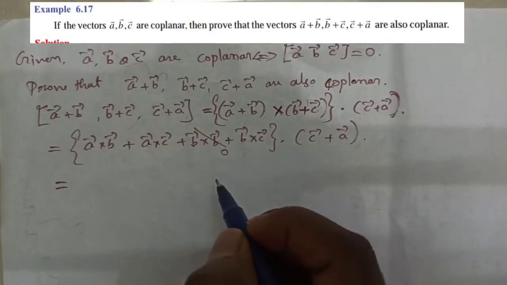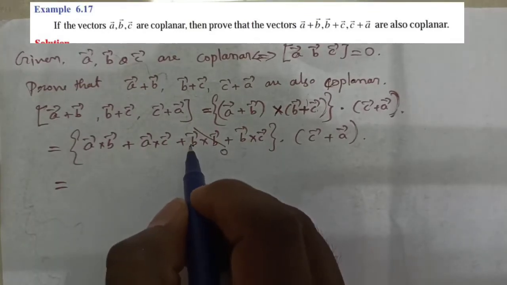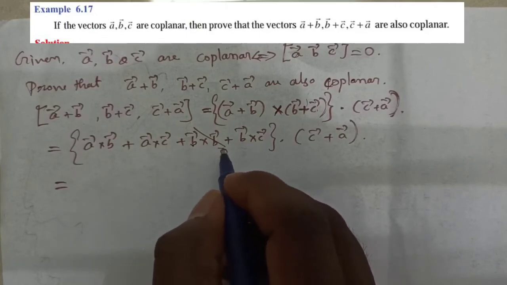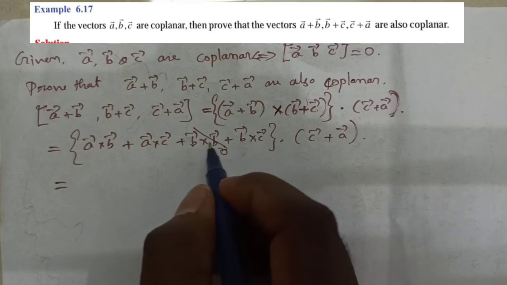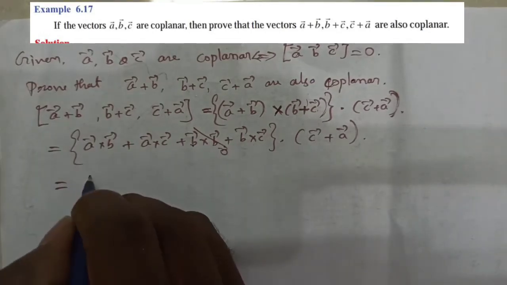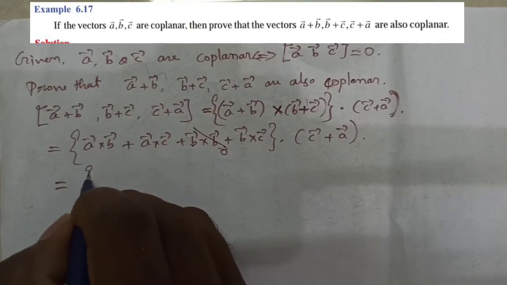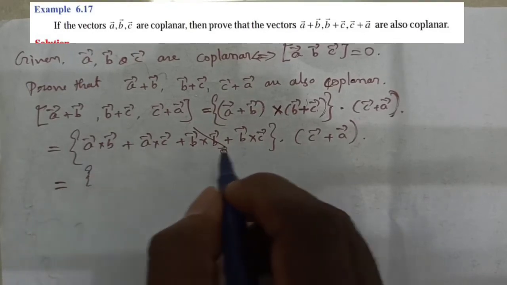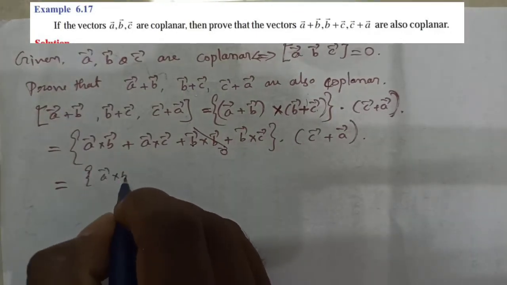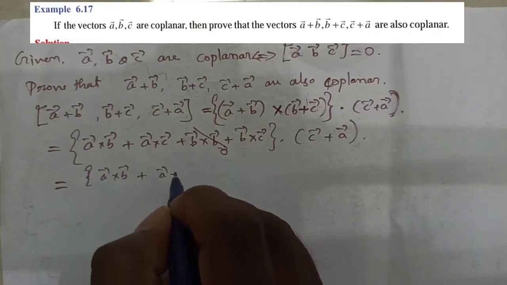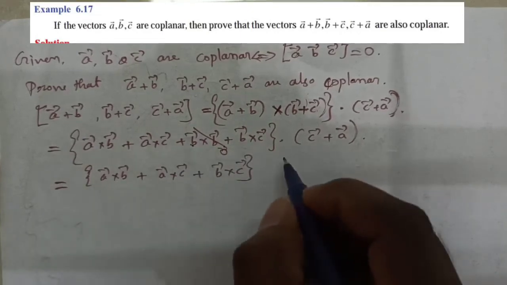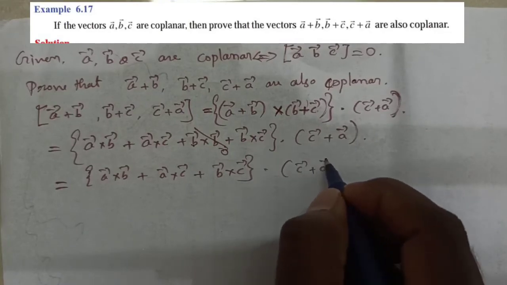We know the result. So we can leave this one. Remaining will be A cross B, A cross C and B cross C. So A cross B plus A cross C plus B cross C, dot C plus A.